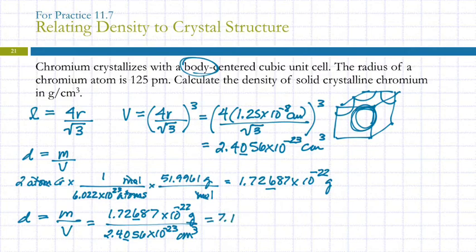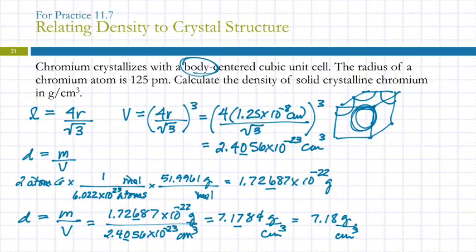And I have 3 sig figs, grams per cubic centimeter, which would round to 7.18 grams per cubic centimeter.